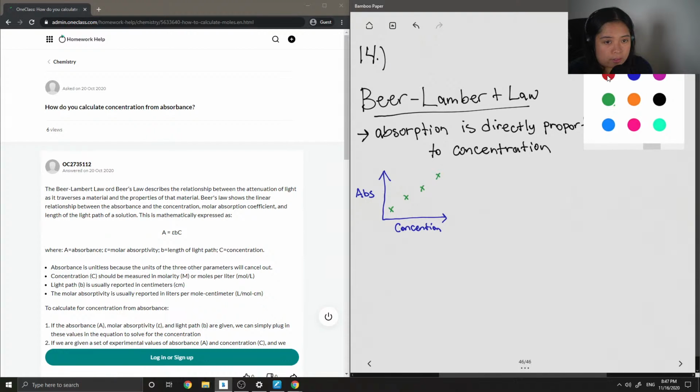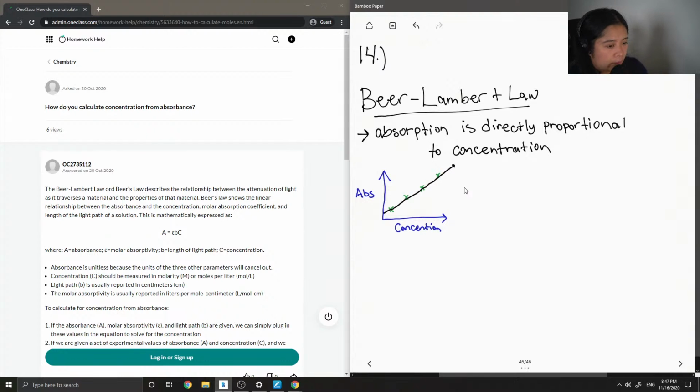And then if we were to plot this and show the line of best fit, you get a straight line going up. And in simple terms, when you have y equals mx plus b, it's basically the same thing.